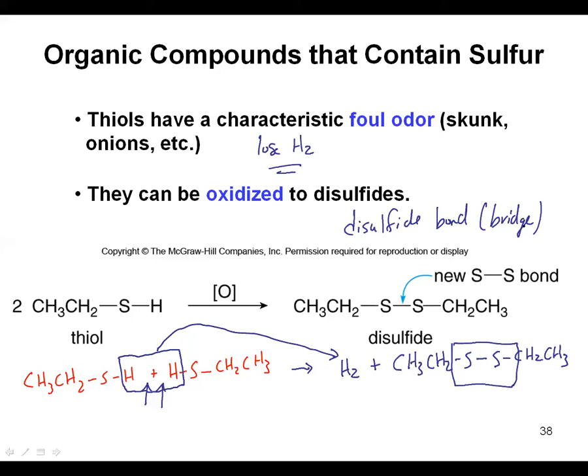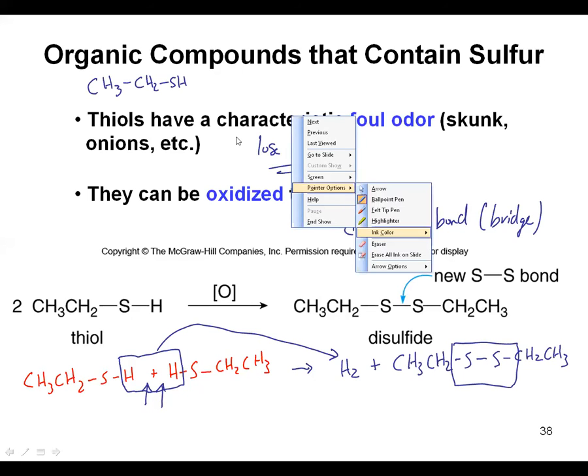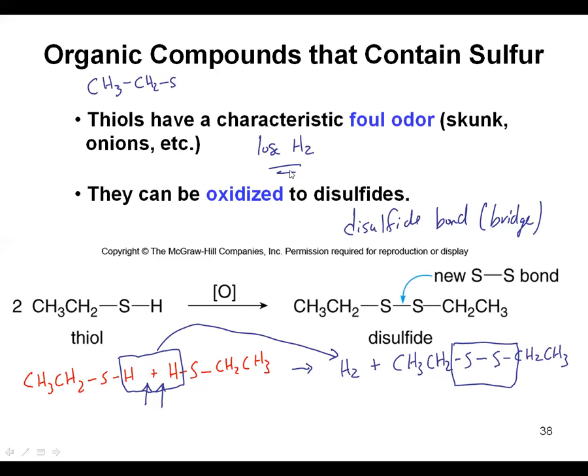So you could put together any two sulfurs like this. They don't have to be the same. So for example, if we had this guy here, actually we'll draw it out here, and we added it to, say, another sulfur.